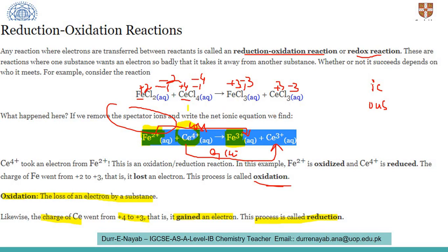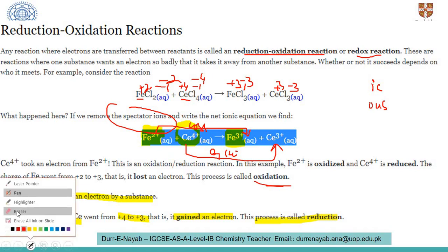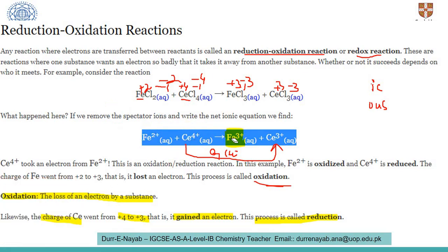We can study the same reducing agent by the same example as well. In this example, you can see we have an iron and we have a cerium. So we will call this iron a reducing agent.